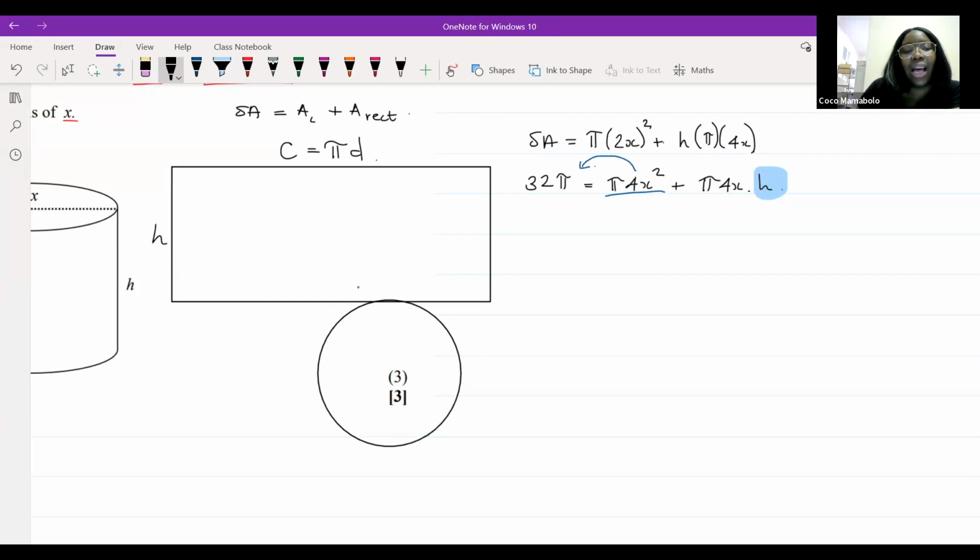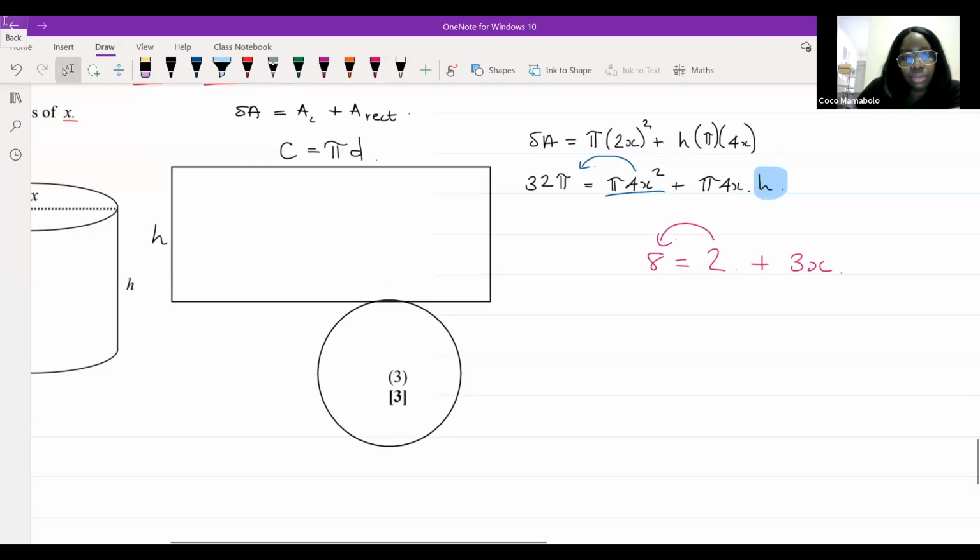Okay, Pascal, if I said to you, I've got 8 is equal to 2 plus 3x, and I said solve for x, do you agree that the 2 must go over?